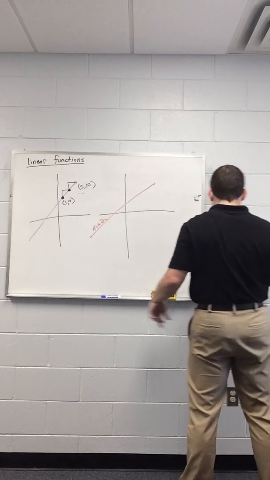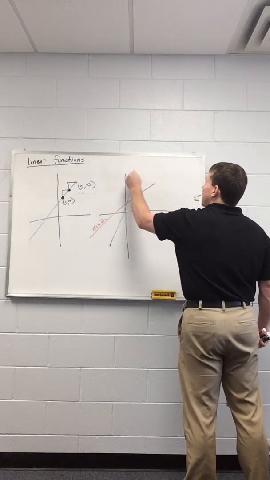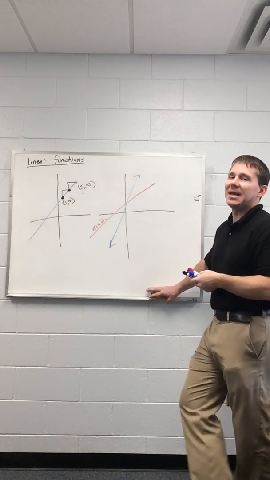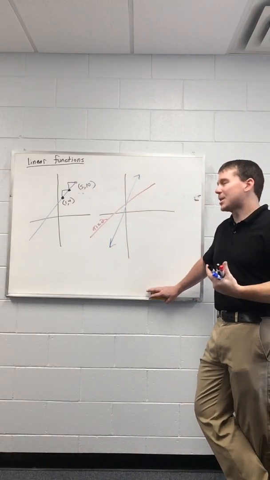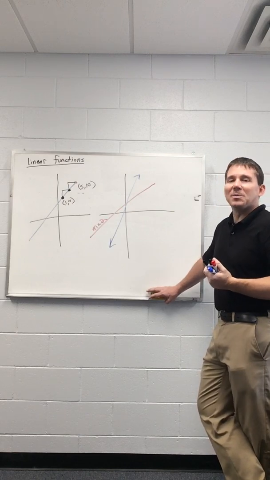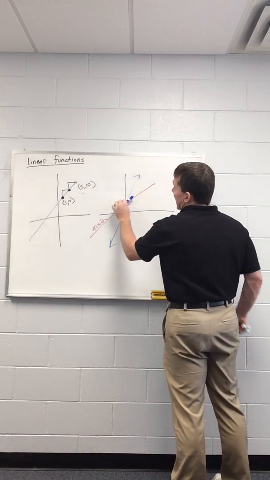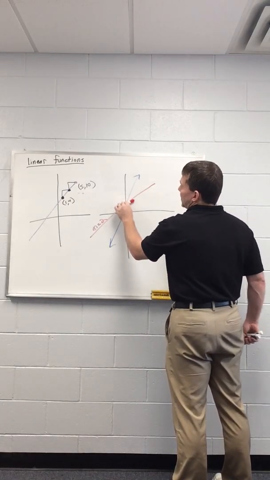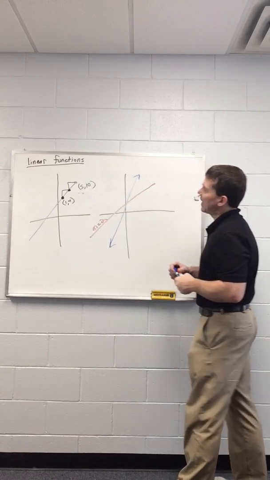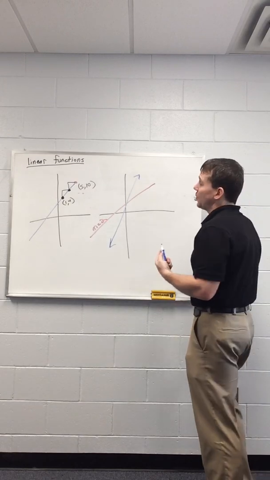If I then had a second line here, maybe this line right here, how would the slopes of those two lines relate? Well, if the slope is kind of how much the line is changing, and by changing we mean how much it's going up, then logically, if this line, the red one, has a slope of 2, the blue one is steeper, which means it's getting bigger faster, which means its rate of change should be greater.